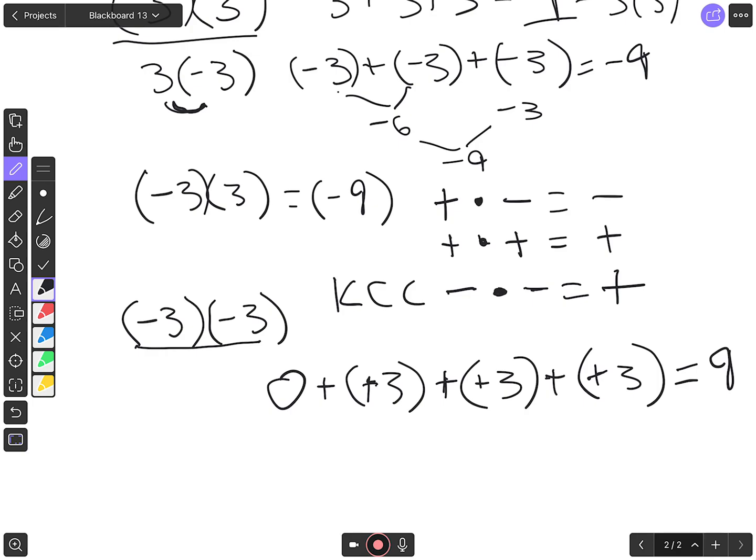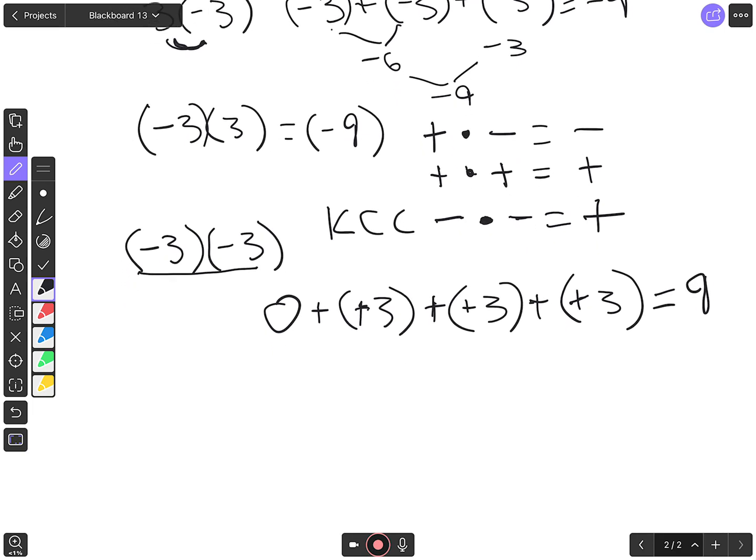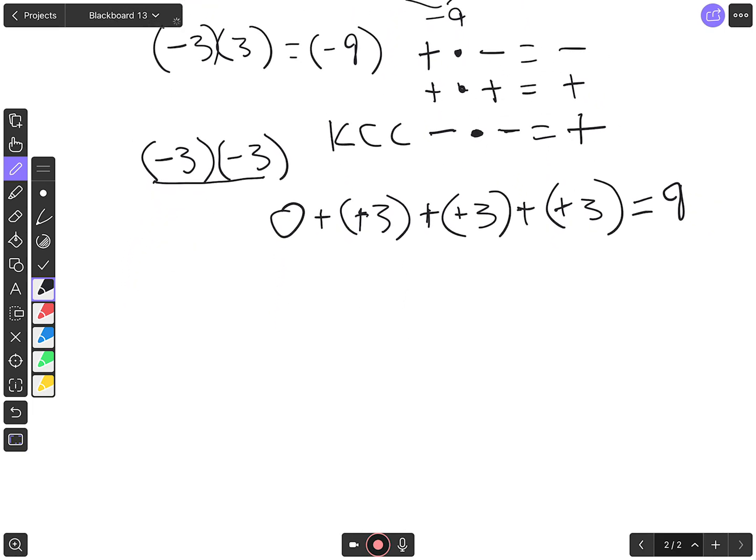Okay, so that's multiplying integers in a nutshell. So let's take a little more complex thing. What if we did 3 times -3 times +3? Okay, we can do these one at a time. Okay, or we can just look at the fact that there's one negative, which means it's going to change signs once.